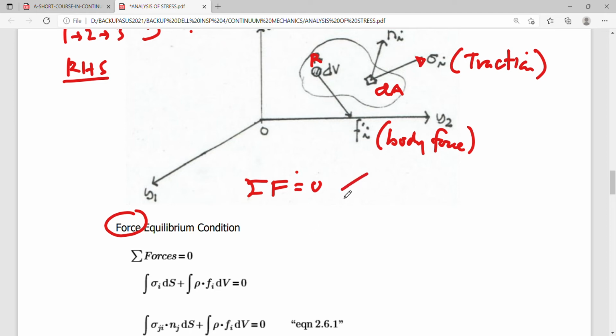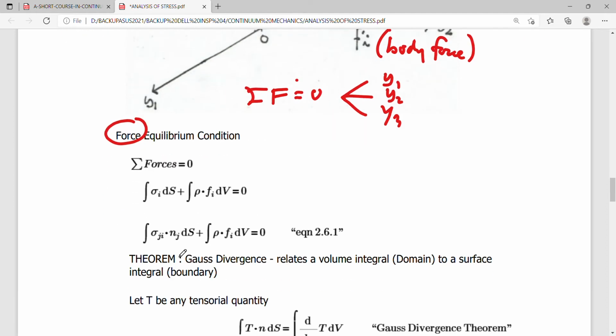But since this is a vectorial or tensorial representation, we don't have to consider it one by one, but instead refer to it in terms of the subscript i, where i refers to the range in which your spatial dimension is defined on the basis of y1, y2, and y3.